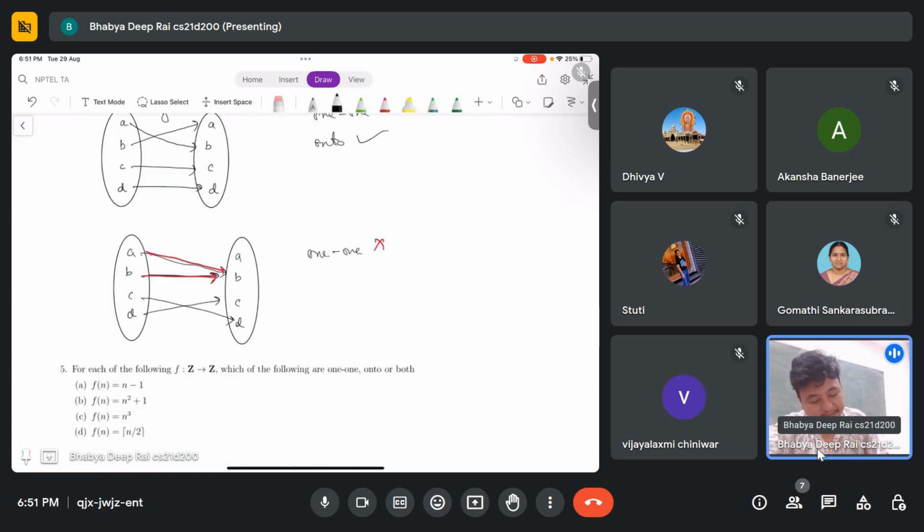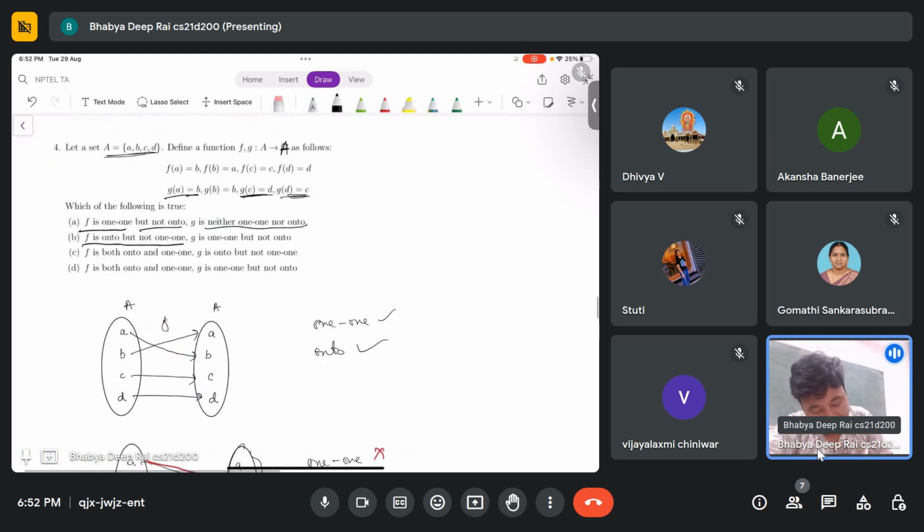Is this onto? Well, onto requires everything on the right side to get mapped to, but A does not have an inverse here. Okay. So therefore, it is not onto also. So it's neither 1-1 nor onto. Okay.